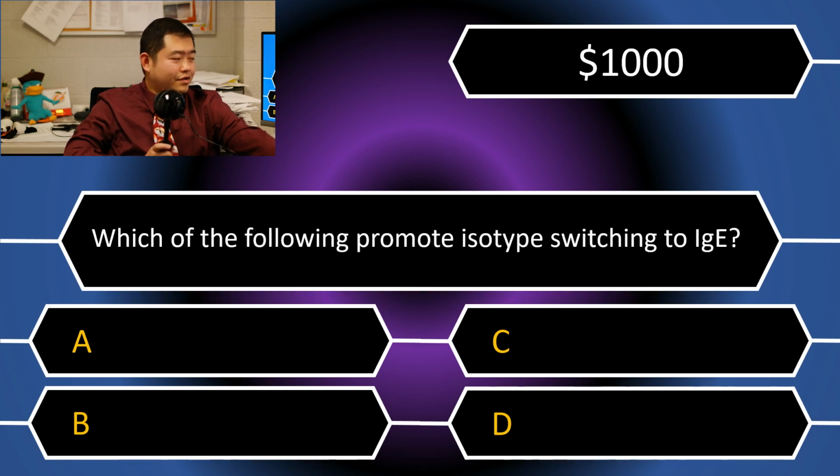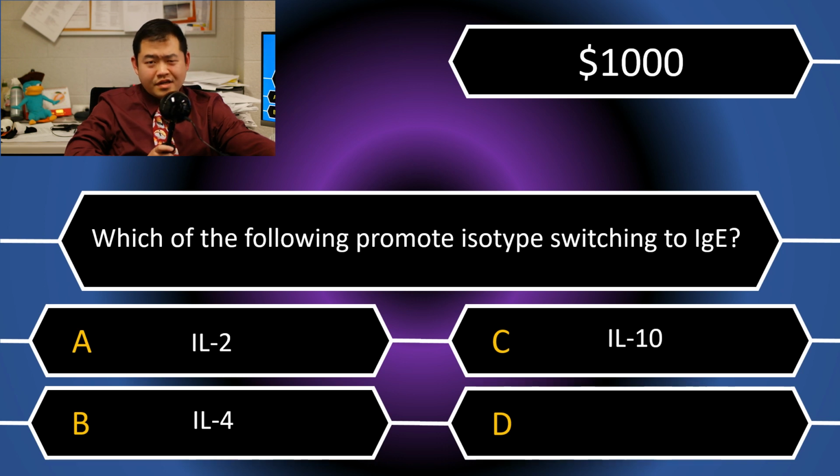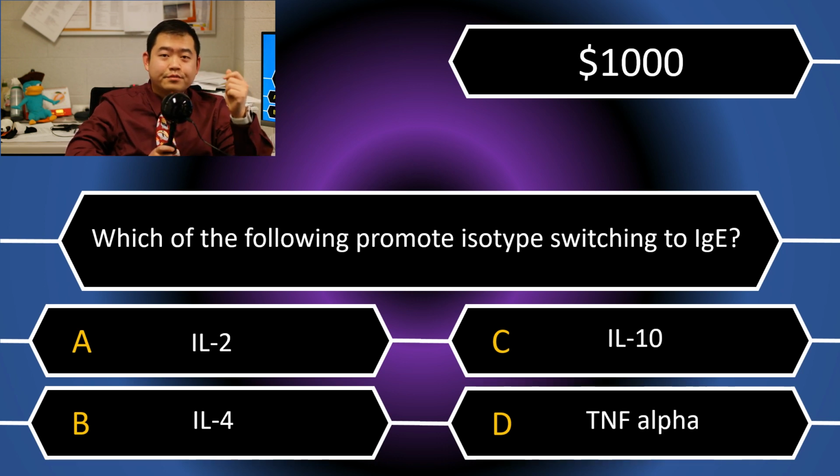What is the question for this $1,000 question? Which of the following promotes isotype switching to IgE? A, IL-2, B, IL-4, C, IL-10, and D, TNF-alpha. I'll give you 5 seconds to think about it. 1, 2, 3, 4, 5.